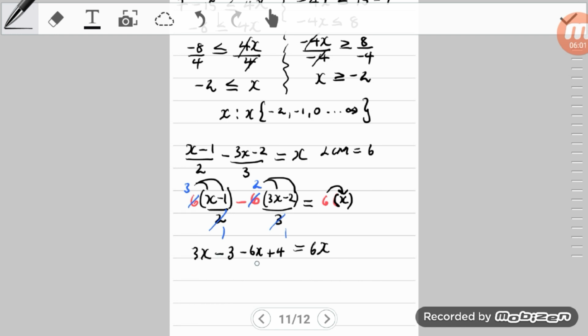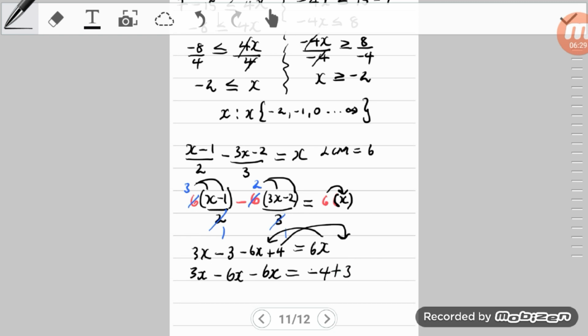Now, very basic form of equation here. Get the x's on the left hand side. So we end up having 3x already here. We have 6x already here. And we can transpose this positive 6x again to be 6x here. Now, we can go ahead now and transpose the 4. So we end up with -4 on the right hand side because it's now transposed across here. And -3 becomes a +3.